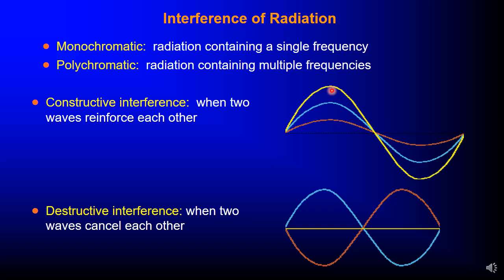So when we have constructive interference, one thing you can see is that the amplitude is actually increasing. Then destructive interference, when the two waves cancel each other. So two waves can actually cancel each other. That is still what we call interference.